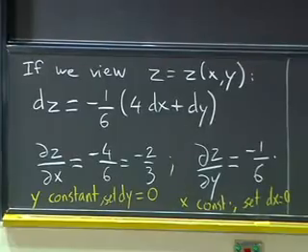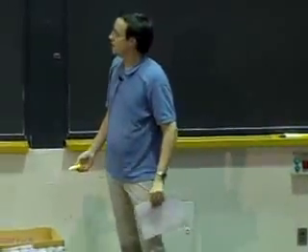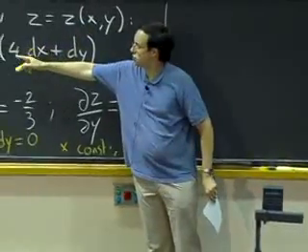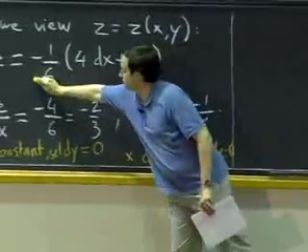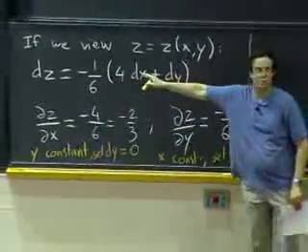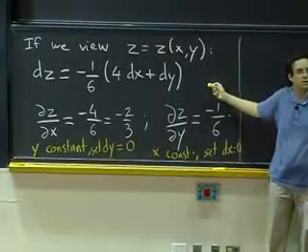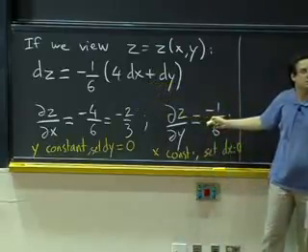Can you explain why we went from dz, dx, and dy into partials? Yes, okay, let me explain that again. So we found an expression for dz in terms of dx and dy. That means that this is the total differential of z viewed as a function of x and y. And so the coefficients of dx and dy are the partials.